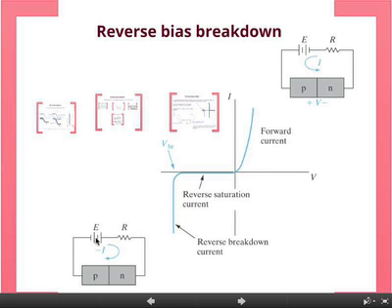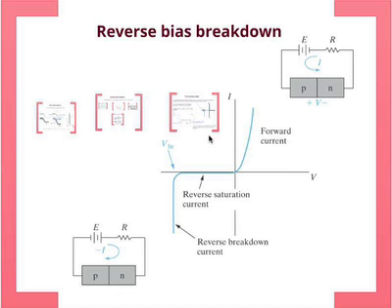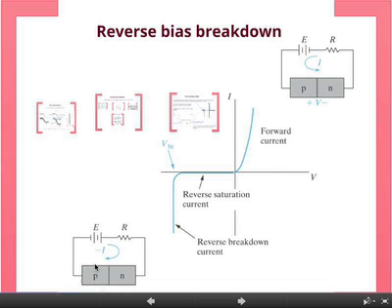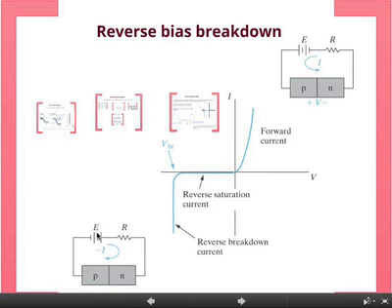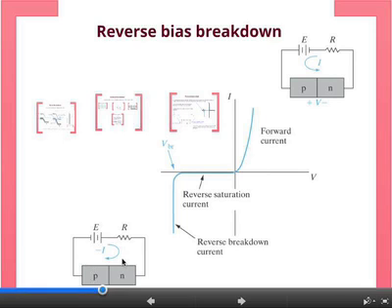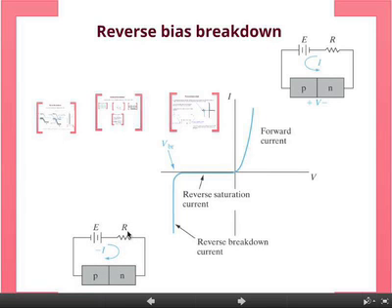So can someone tell me what the maximum current here is? Just looking at this IV curve. This you should have done in your freshman class, right? What's minus I here? Ohm's law, right? It's just E minus whatever is the drop there divided by the resistor.